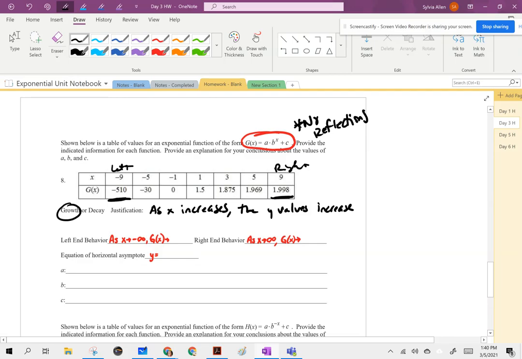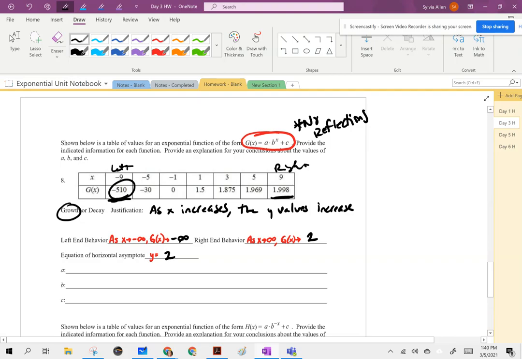Okay, so that ties directly into the left end behavior and the right end behavior. The left end behavior is approaching negative infinity, and the right end behavior looks like it's approaching 2. That means the horizontal asymptote is 2.